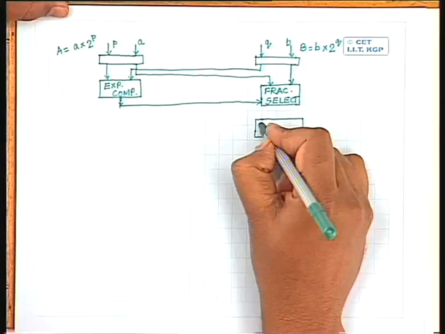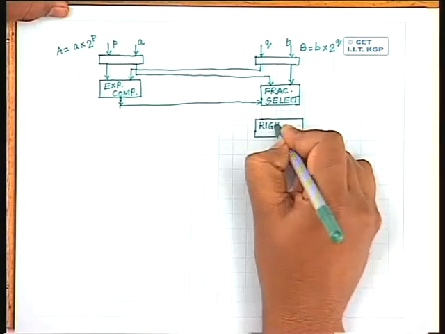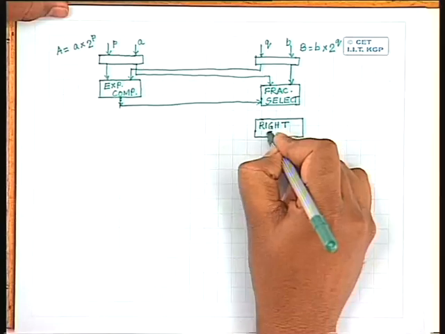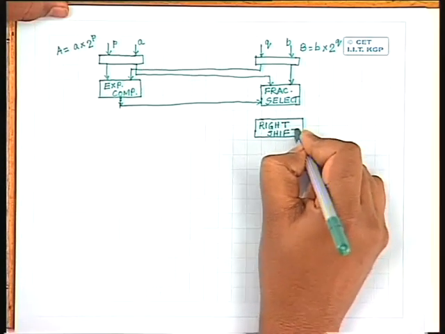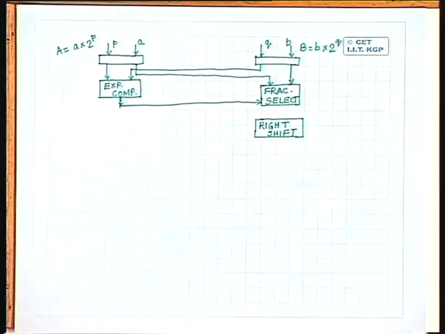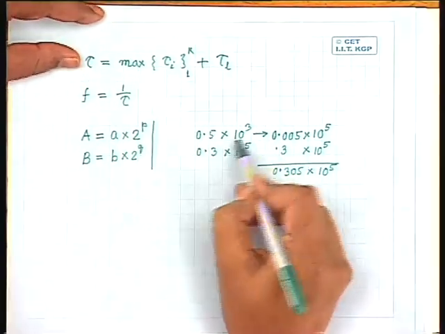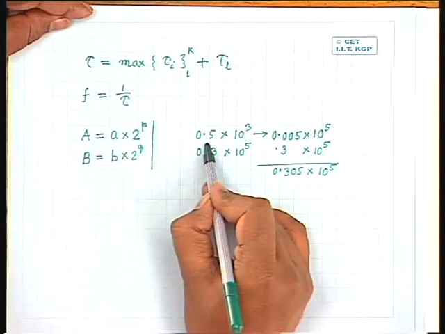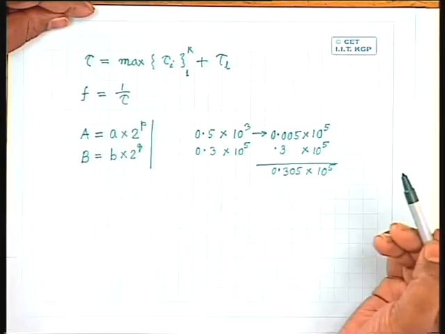So I have to have a right shifter. Simply by this example, I have taken this fraction 0.5 and given right shift to this by 2 digits.